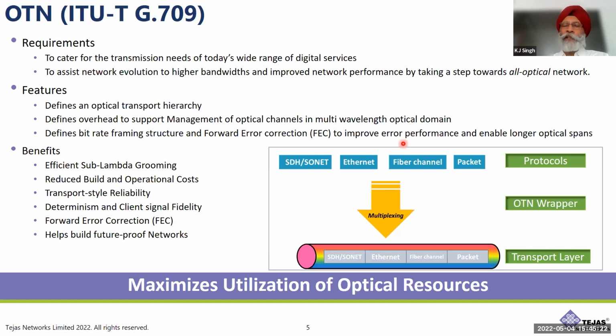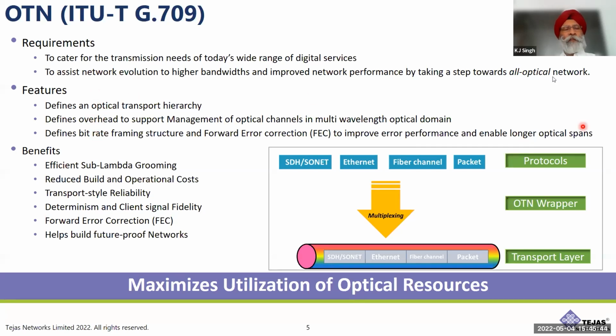So it cannot introduce errors, for example. So the need to have error-free transmission over longer signals was very critical to the emerging growth of optical networks. So that's really what they were aiming at.